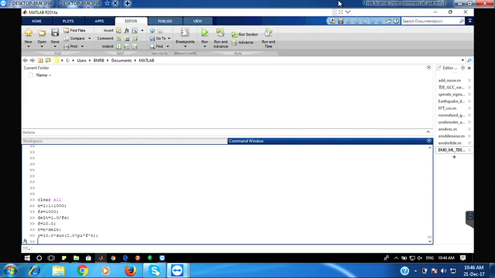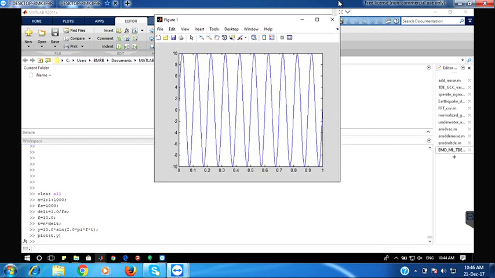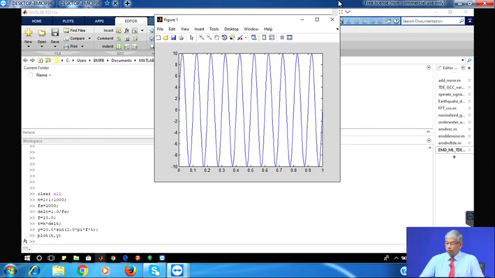So, now I can plot. See this. I have generated a sine wave for a total duration of 1 second.